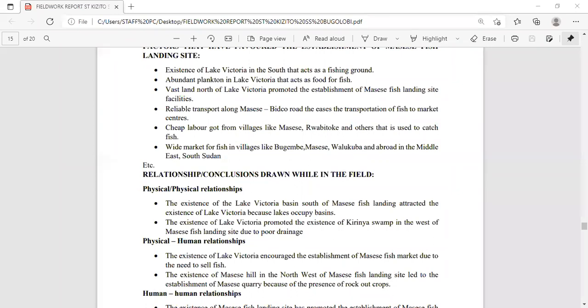We used the pacing method. This is a method which involves use of strides to estimate the distance of geographical features. Good. She has been trying. Okay, Alpha, continue.